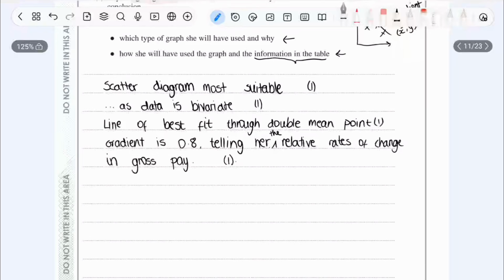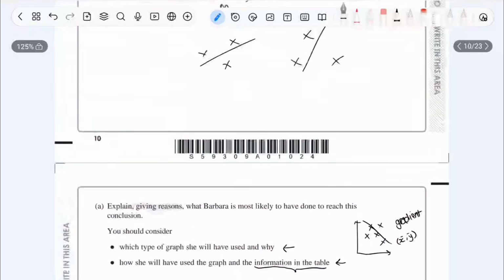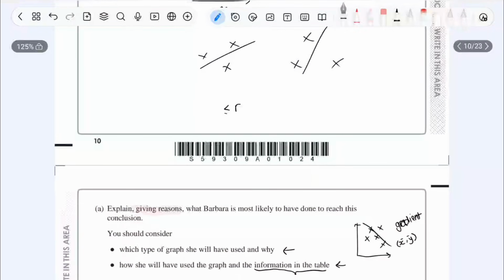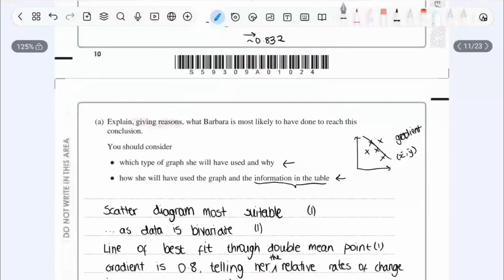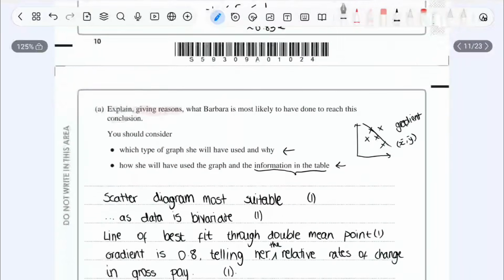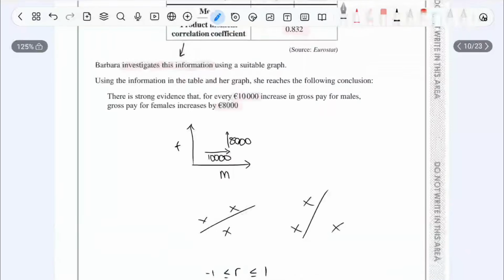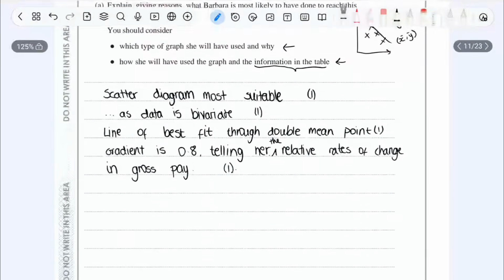The PMCC is a high value, because it can be any value between -1 and 1, and because it's much closer to 1, roughly 0.832 I think, it's going to be quite a strong correlation. This strong correlation means her evidence is strong, because as it goes up by that amount, it does go up by that X amount. And therefore, the evidence for her is strong.